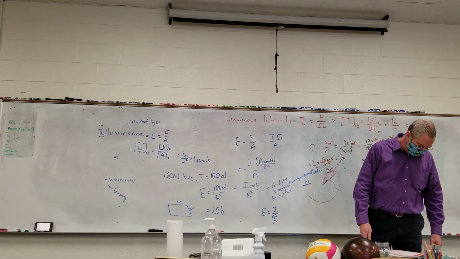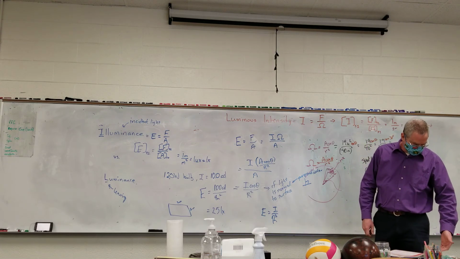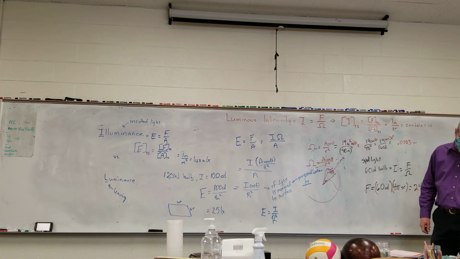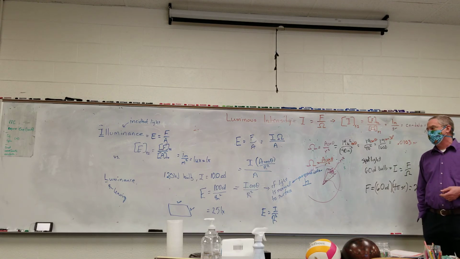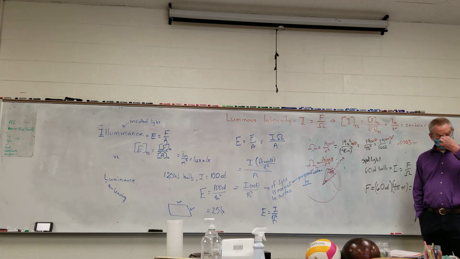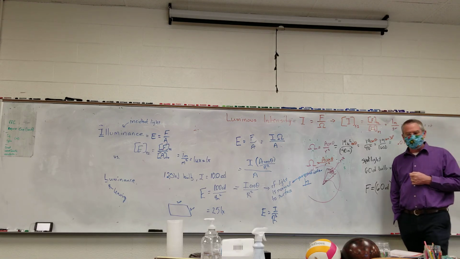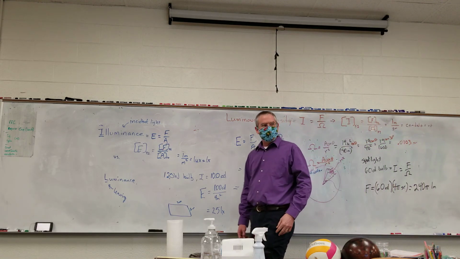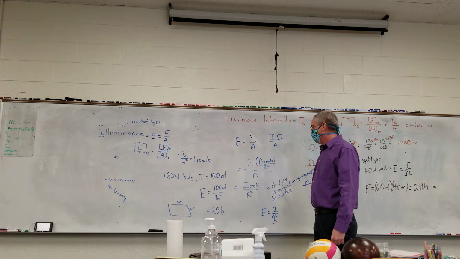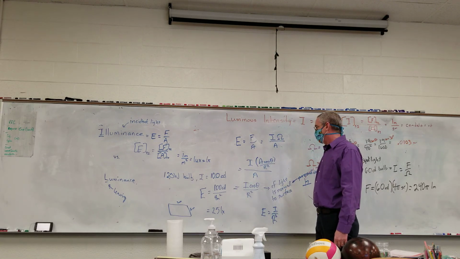And that's pretty much chapter 33. Questions? Wouldn't that be I over A though, instead of I over R squared? Are we assuming that it's 2 meters away?